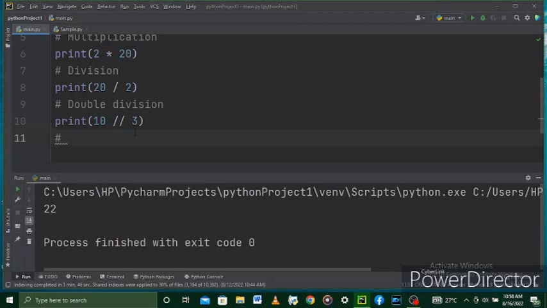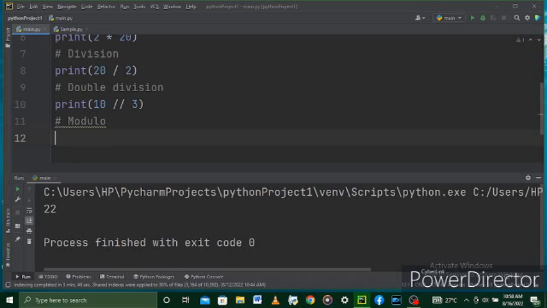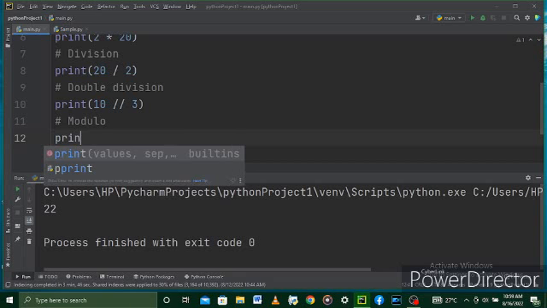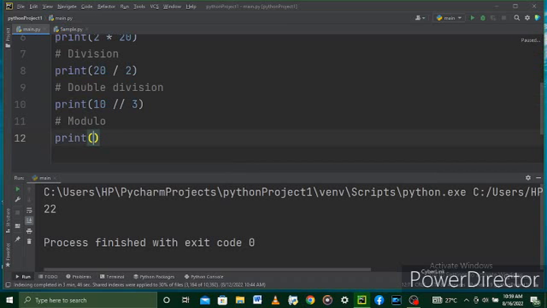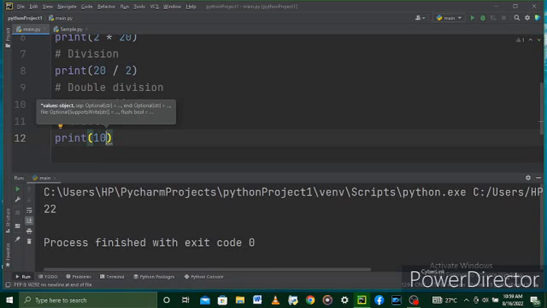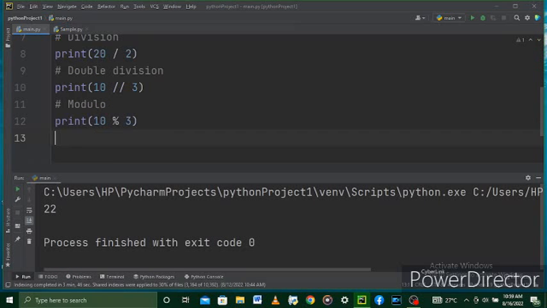It's written as modulo. Let's see this example, in this case the symbol is this. I'm going to run all of this and you will see the results.